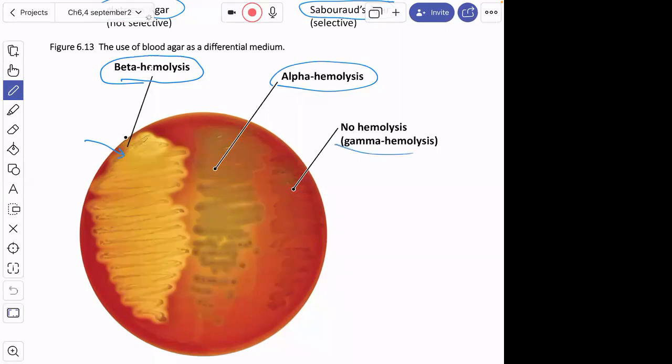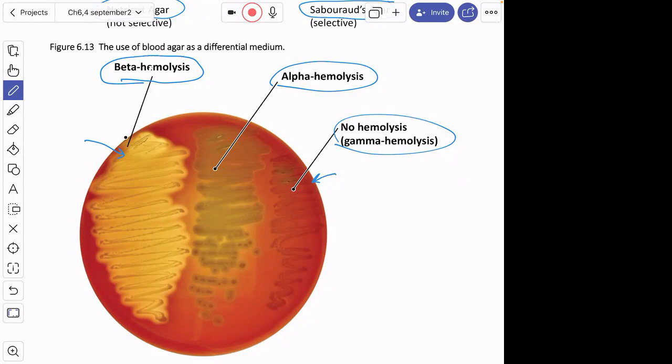We call that gamma hemolysis, and there's really no change in the media for an organism that can't hemolyze red blood cells. So by how an organism changes blood agar, it gives us some information about how it hemolyzes red blood cells.